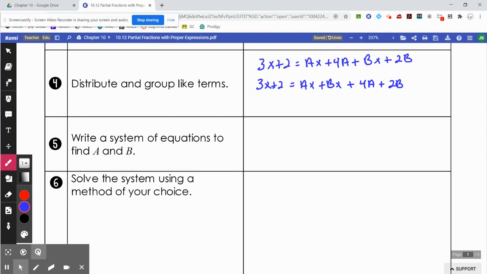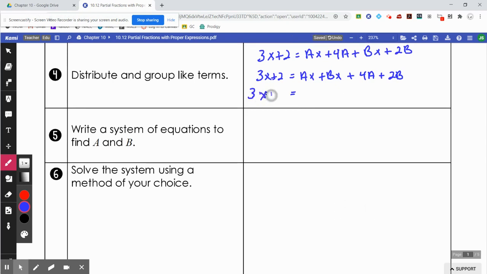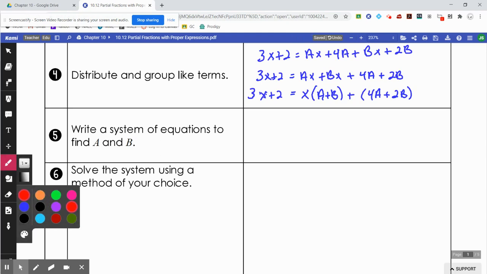We're going to factor the x out of that first group of terms. Let me try that again. 3x plus 2 is equal to, factor out the x, and you're left with A plus B, plus, and we're just going to group our 4A plus 2B together. And here's why. It says write a system of equations to find A and B. Notice here 3x pairs up with this because that's your x stuff.